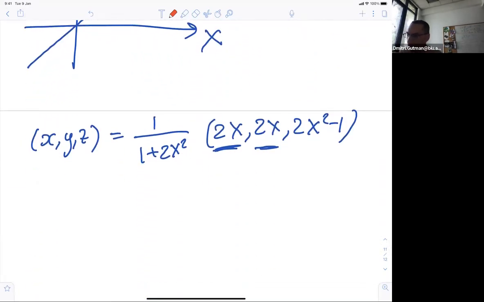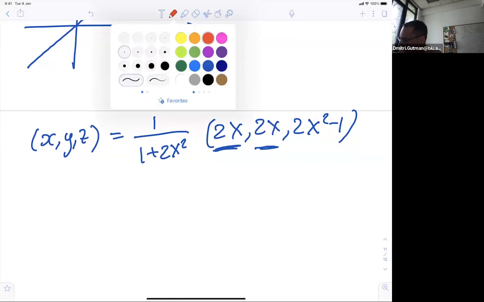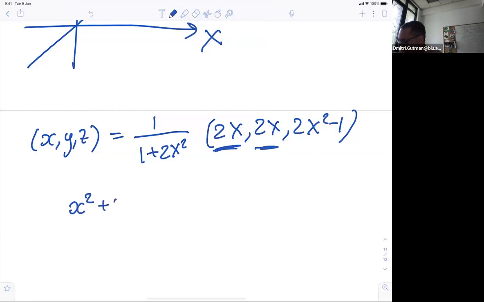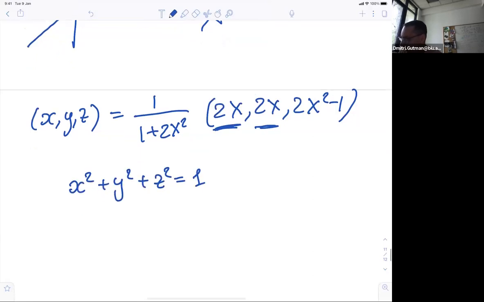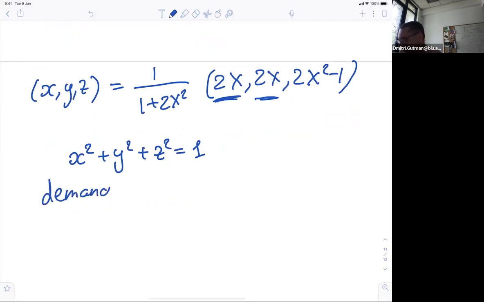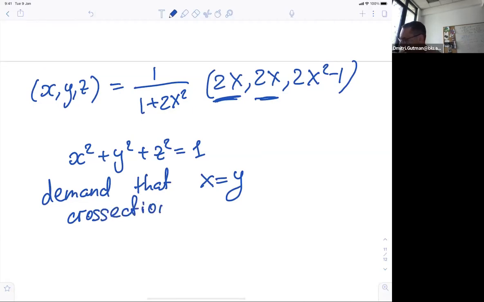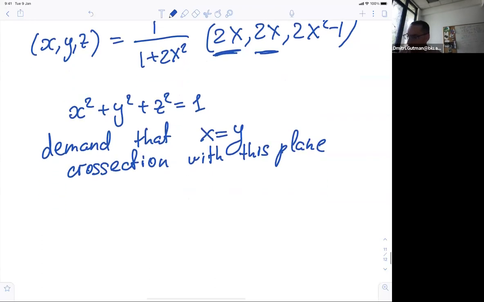You can check that this is a circle, because if we take the Riemann sphere, x squared plus y squared plus z squared equal to 1, and demand that we are looking at the cross section of the sphere with the plane x equal to y, then we end up having an equation 2x squared plus y squared, plus z squared is equal to 1.